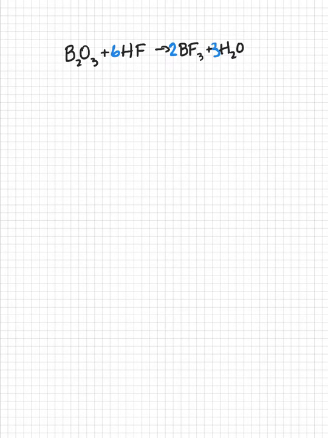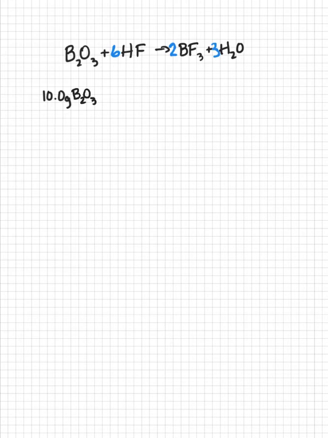So the next step is to start and do my equations here and do my stoichiometry problems. So I'm going to start with my 10 grams of the B2O3. And I'm going to set up my problem, and I'm going to figure out how much BF3 is made.